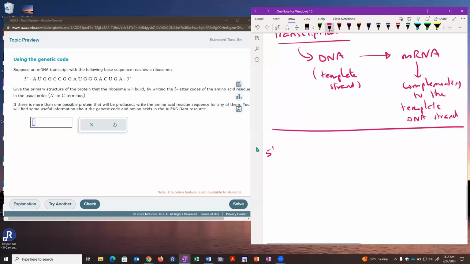So we have 5 prime, it goes A, U, G, and what I like to do is write it out and then separate it in groups of 3 so we can actually look up the genetic code, which is a 3-letter code anyway. We have GCC, we have GGA, UGG, GAC, and then UGA.